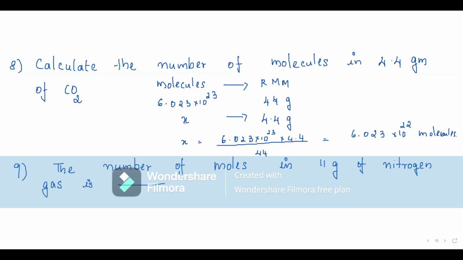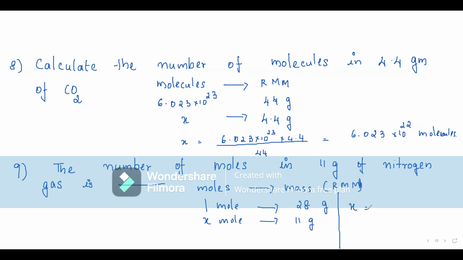The ninth one, the next question. Number of moles in 11 grams of nitrogen. Calculate the number of moles. So this is a relation that is connecting moles with the mass. So for mass, I will write RMM. What is the number of mole? 1 mole of nitrogen will be 28 grams of nitrogen. Therefore, X mole will be equal to 11 grams of nitrogen.